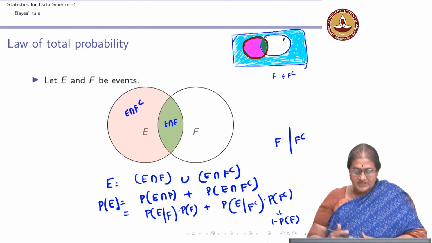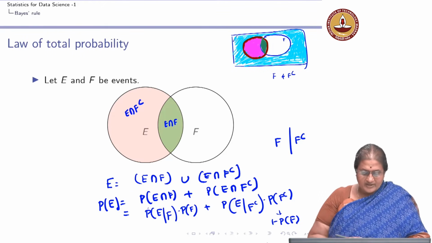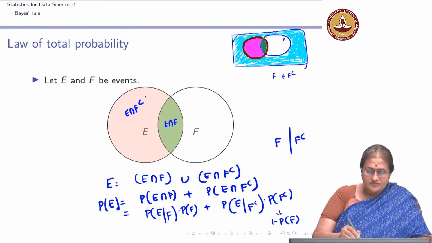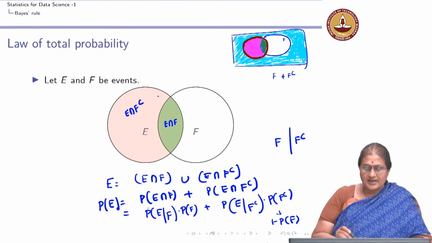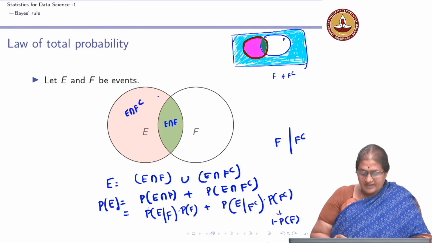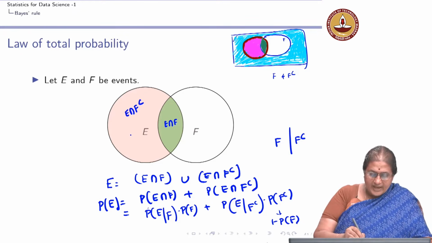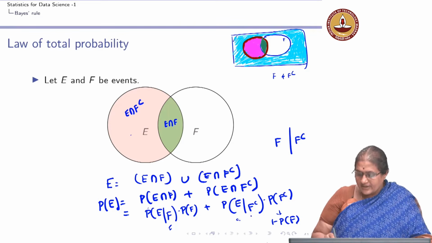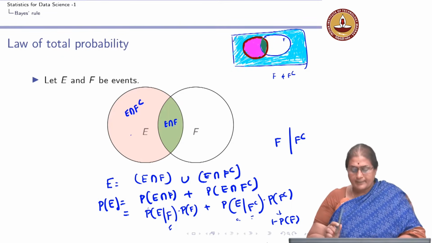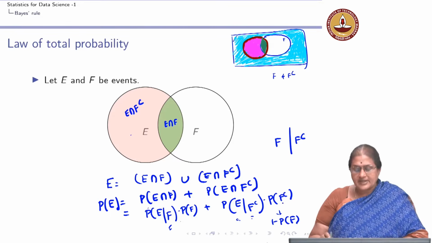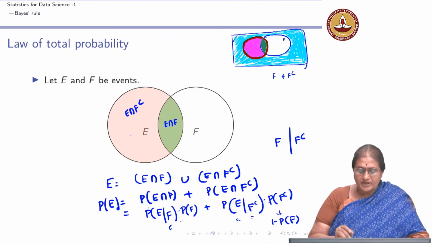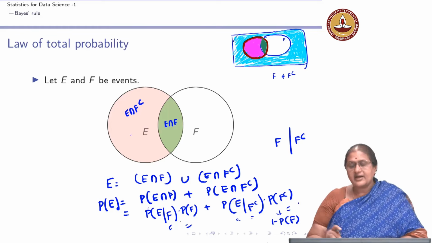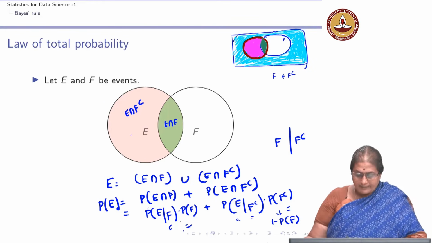In other words, the way we can articulate it is, the chance of E happening is a weighted average of the chance of E happening given F has happened, and the chance of E happening given F has not happened, multiplied by the respective probability of F happening and F not happening.